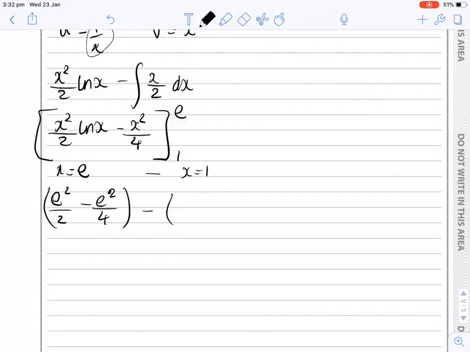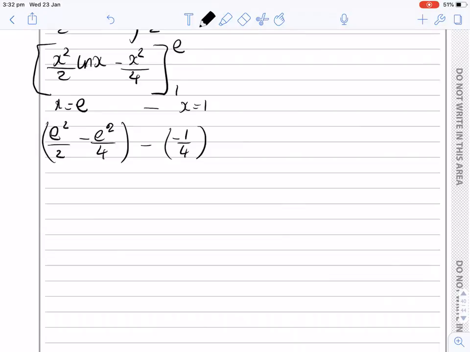When x is equal to 1, ln x is 0, so that entire part is 0, and we've got minus a quarter on the other part. So we've got a half e squared minus a quarter e squared, so we end up with e squared over 4, add a quarter for that part.